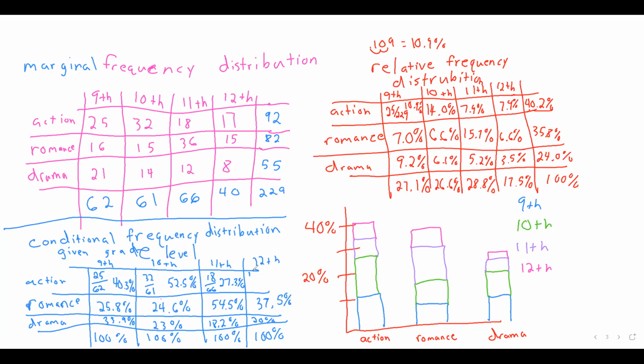And action, 17 divided by my total 12th graders, 40, is 42.5%. Okay, that is your test notes for your test.